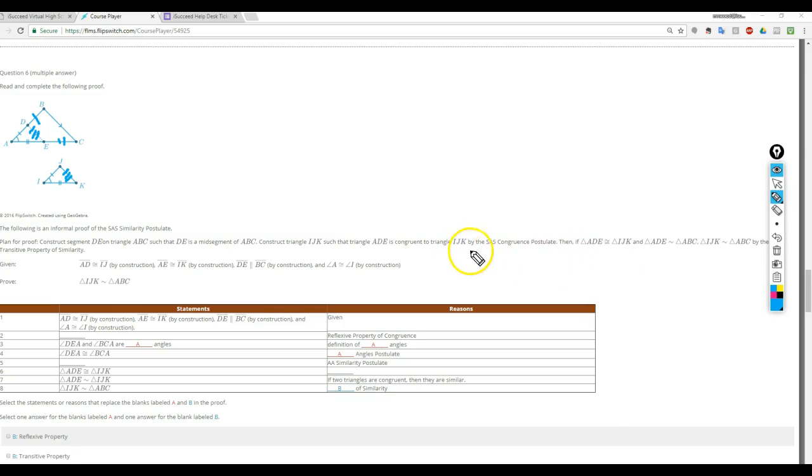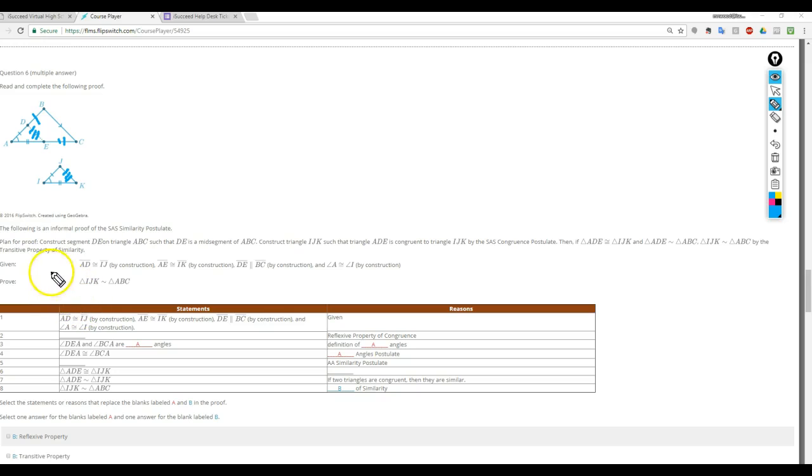Then by the side-angle-side congruence postulate. So they used that angle A was congruent to angle I, which is true because they created it to be that way. Then if triangle ADE is congruent to triangle IJK and triangle ADE is similar to triangle ABC, triangle IJK is similar to triangle ABC, then by the transitive property of similarity.